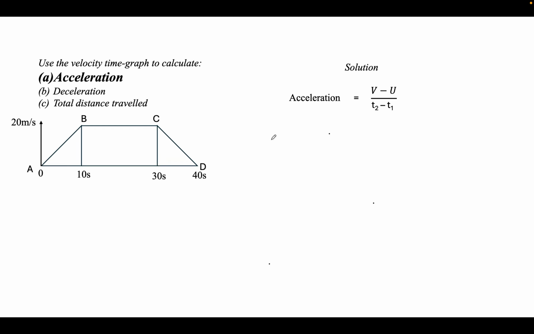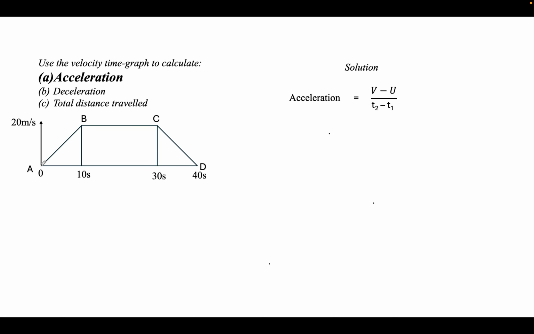So let us go to our velocity time graph and look at what is our final velocity and what is our initial velocity, and also what is our final time and what is our initial time. So as we can see here, the object starts moving from this point, that is point A, and accelerates to this point, that is point B. So at this point where the object starts moving, that is where our initial velocity is.